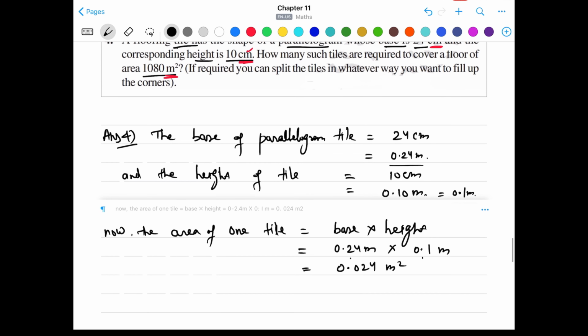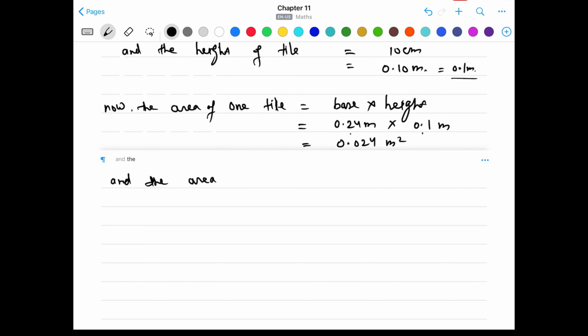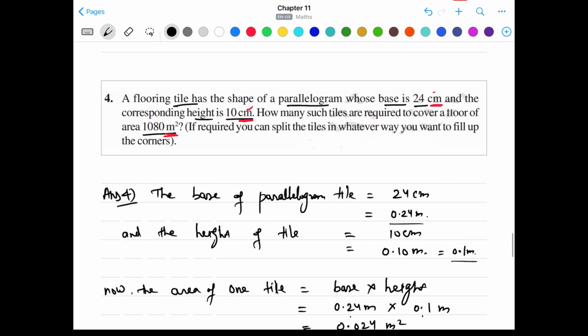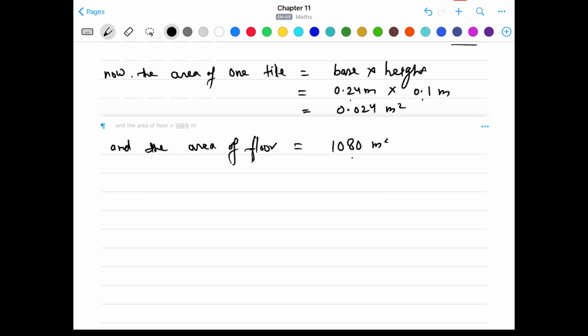And the area of the floor is given as 1080 meters square. Now in order to calculate the number of tiles required, as we are asked how many such tiles are required, we'll divide this area by the area of one tile.